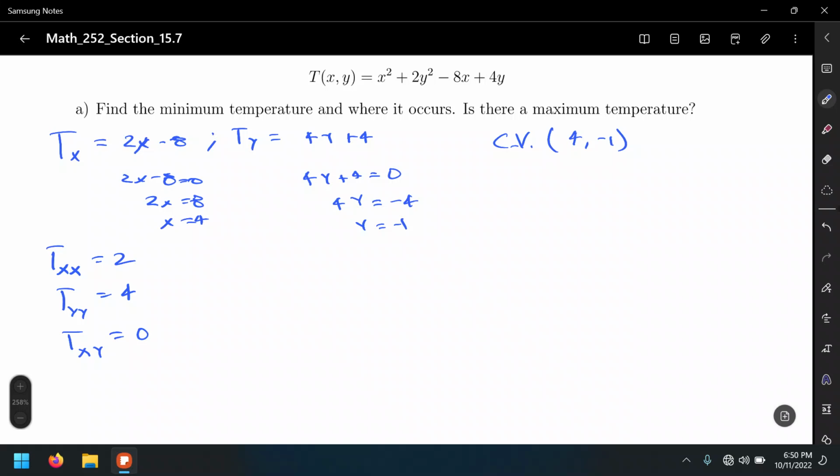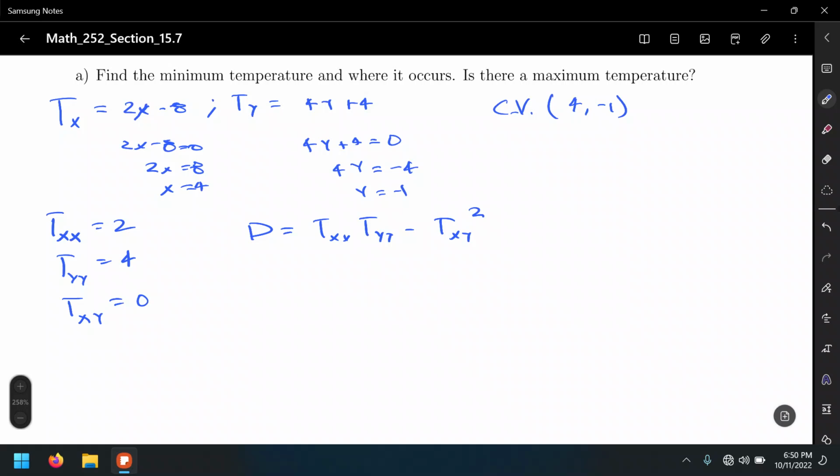So I think we're ready to compute the D quantity. I'm going to write down the formula to refresh from last time: t sub xx times t sub yy minus t sub xy quantity squared. In this case we're using big T of x, y, but the general formula is for f of x, y, so it's the same thing.